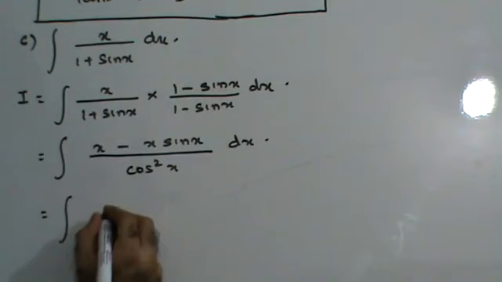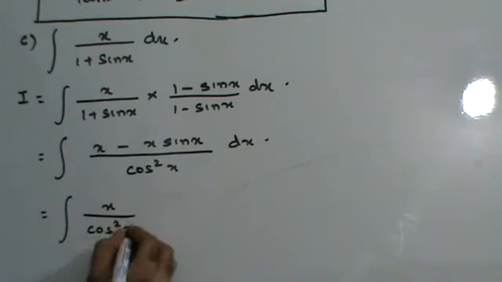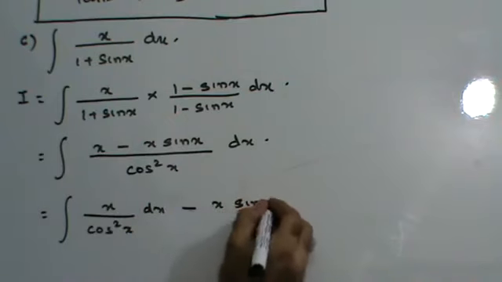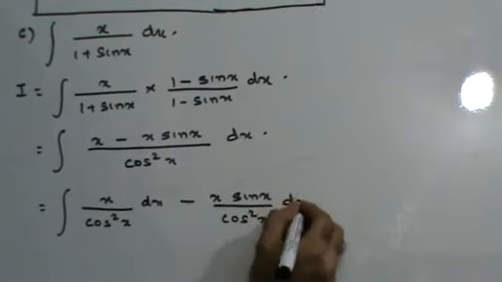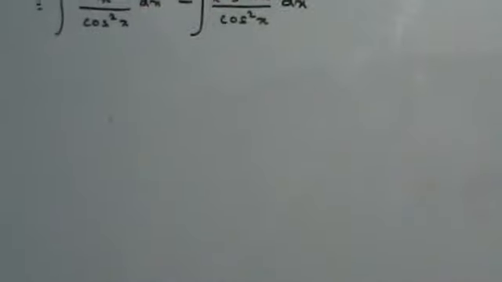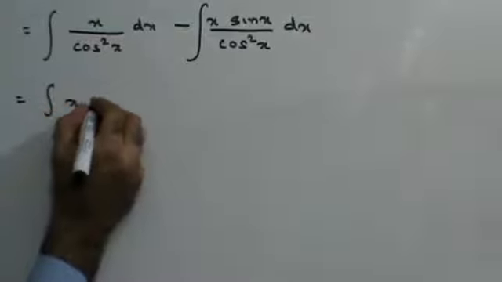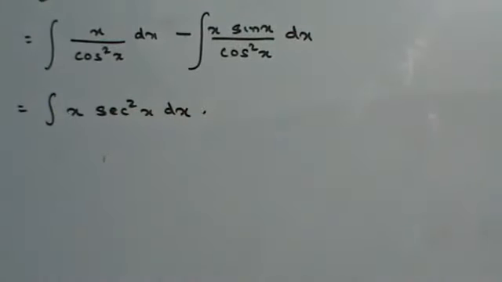This can be written as, split the integral, x upon cos squared x dx minus x sin x upon cos squared x dx. I am splitting the numerator and integral sign simultaneously here. This can be written as integral of x sec square x dx, since 1 upon cos is nothing but sec.